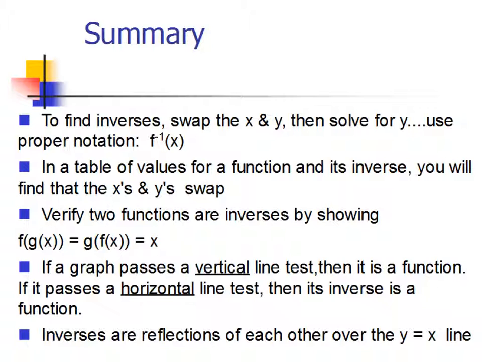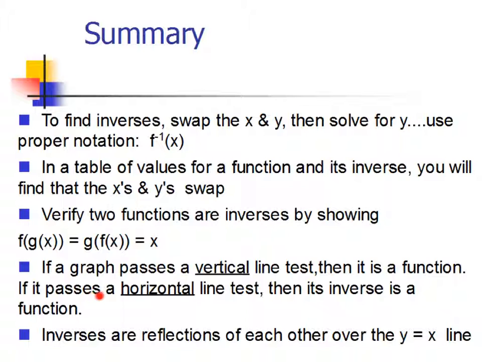Okay. If you have two functions and they just want you to verify if they're inverses, that's when you do the two composite functions. You do it both ways, and you hope that everything cancels out and you just get x both times. The verification, the work, that's what I'm looking for on problems like that. All right. If a graph passes a vertical line test, then it will be a function.